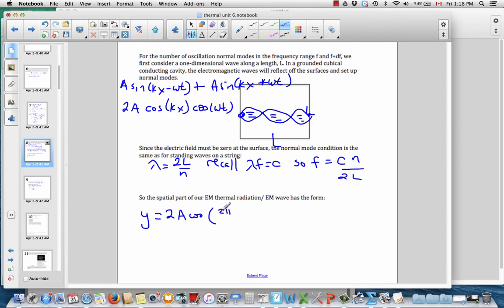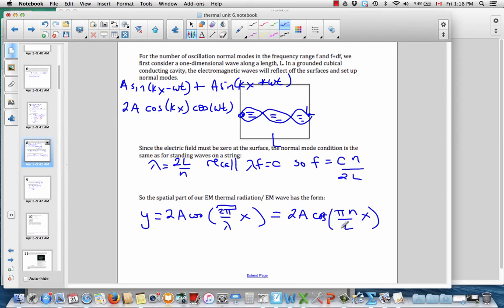It's 2 pi over lambda times x. Okay, so this is the k right here. And now we'll substitute in the standing wave relation in there. It's 2a cosine pi n over L times x. So that's what the electromagnetic wave would look like in the cavity.